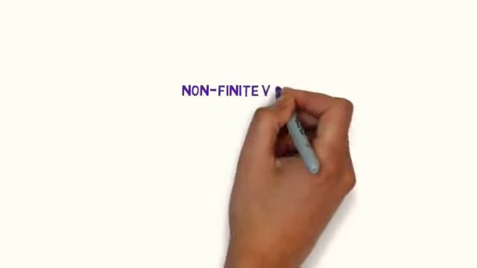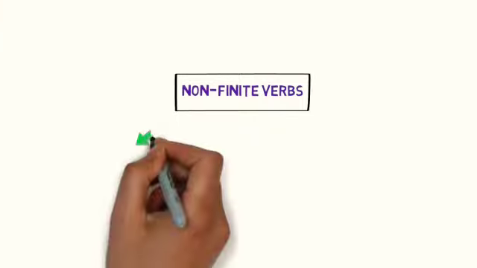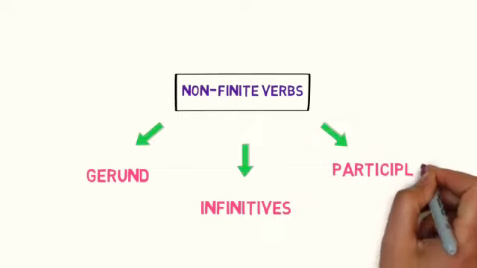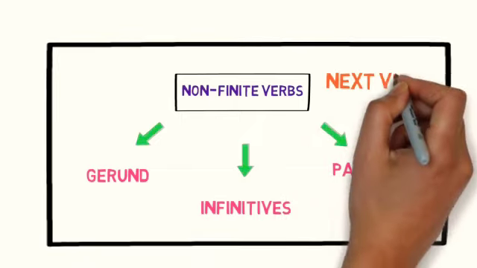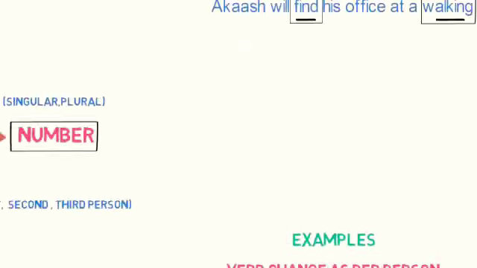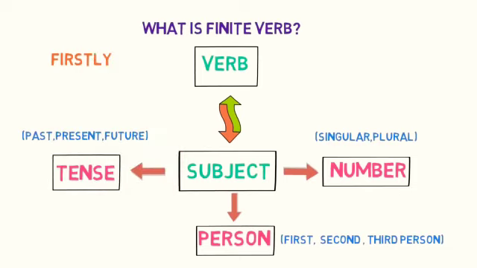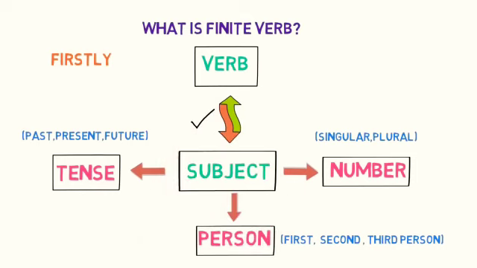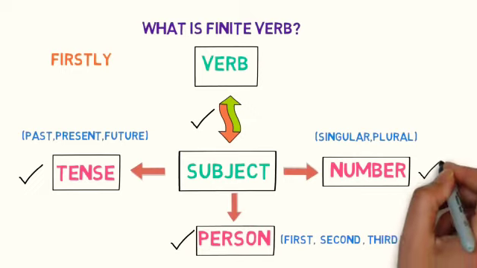Now there are three parts in non-finite verbs. They are gerunds, infinitives and participles. We will discuss them later. That's all for now. Let us revise quickly once again. We understood what finite verbs are. It is a verb that is in agreement with the subject. It changes as per tense, person and number of the subject. Then we understood what non-finite verbs are.